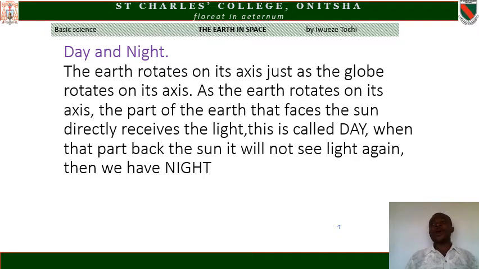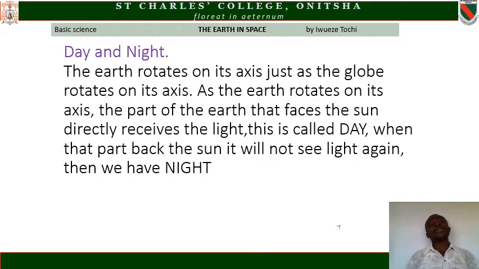So that time we have that part will have the daytime. Then while the other side of the Earth that is not receiving the light from the sun will be dark. And those people within that region, that time they will have their own night.